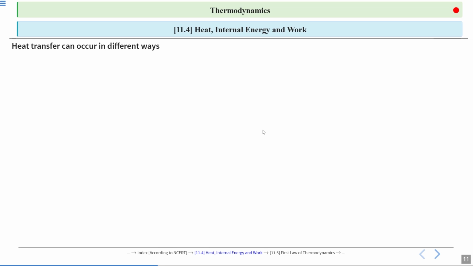So this is the second way of heat transfer. Third is for constant volume. It means when volume remains constant during heat transfer.